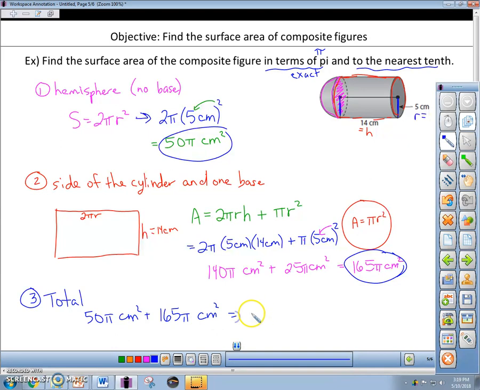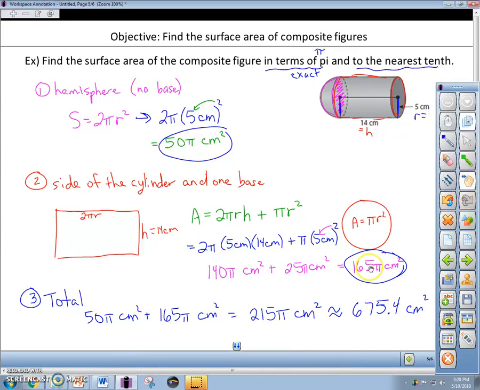So that gives us 215 pi centimeters squared. Now we're going to use our calculator to do a decimal approximation of that. And so we should get on our calculators that, to the nearest tenth, which is what we're approximating to, it's 675.4 centimeters squared. And then we can write our conclusion.